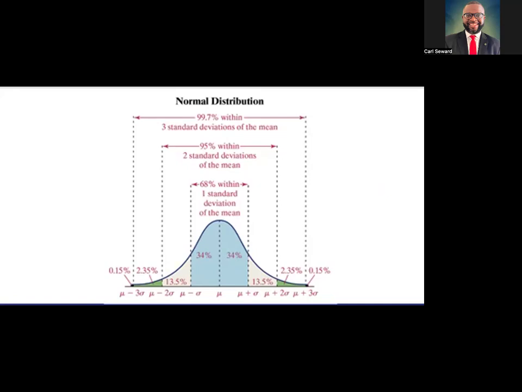And then if I go three deviations to the left and three deviations to the right, 99.7% of the data is captured inside of three deviations. So one would say, oh, well, Carl, what about that 0.3%? That is outside of three standard deviations, so that would be an unusual occurrence.